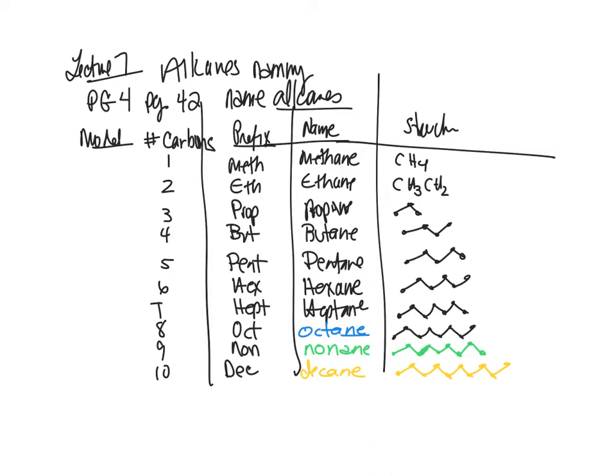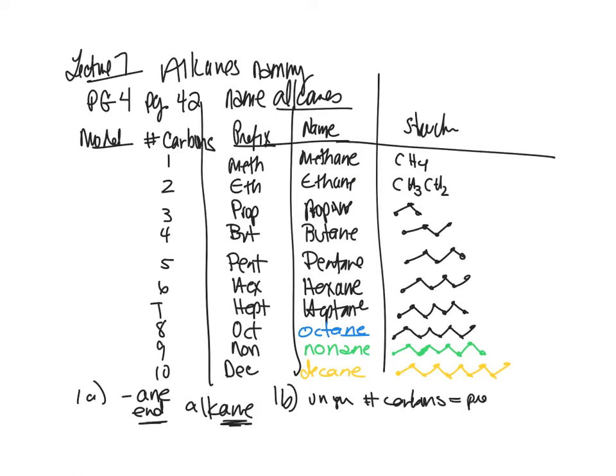So what do all the names have in common? They all end in ane, don't they? So because you're dealing with an alkane, the ending is going to determine what kind of functional group you have. What is unique about each of the compound names? The number of carbons, the prefix.